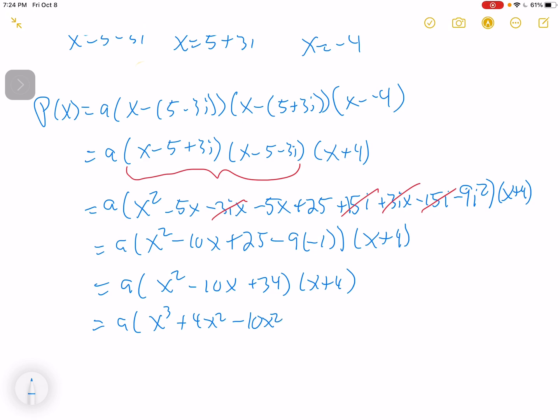Negative 10x times 4 is minus 40x. 34 times x is plus 34x. 34 times 4 is, do I want to do that in my head? Let me get my handy dandy calculator out. 34 times 4 is 136.